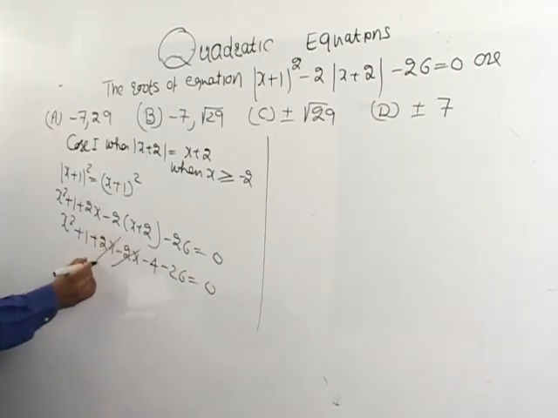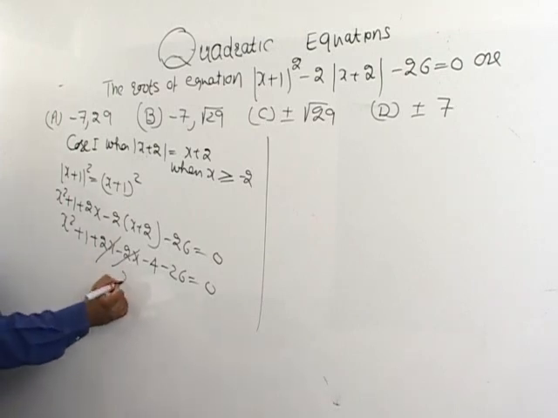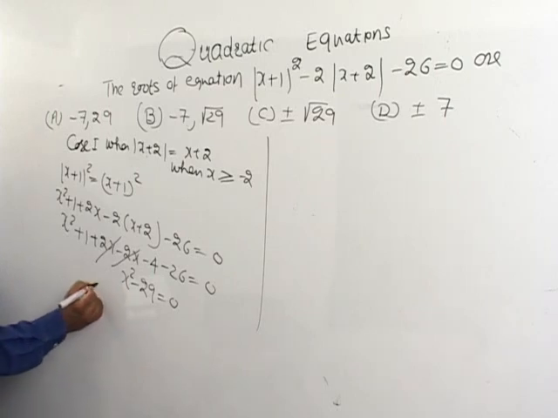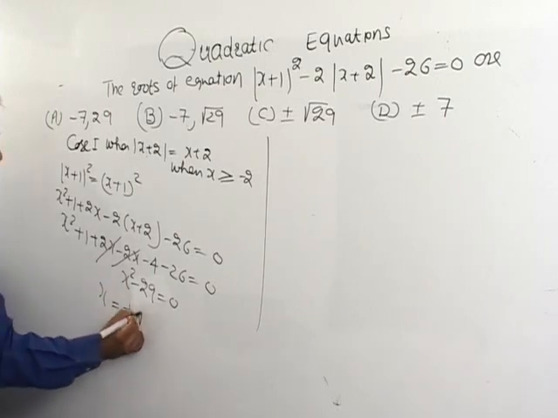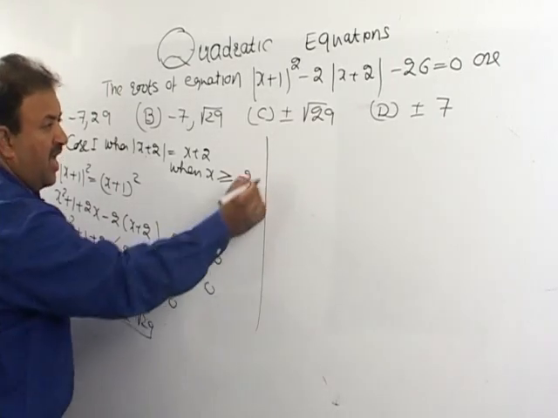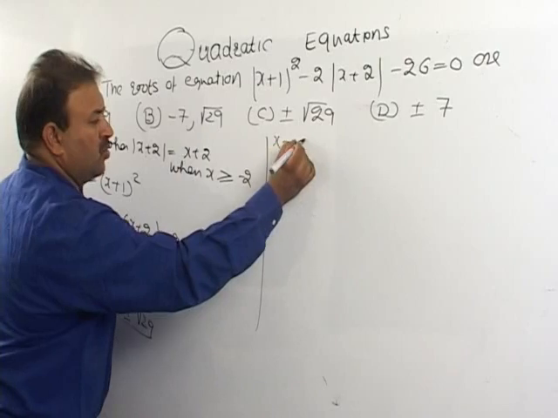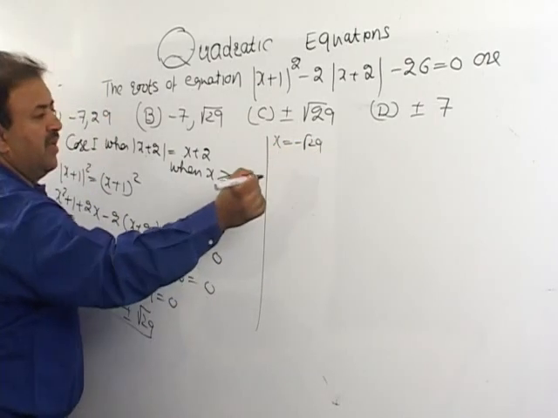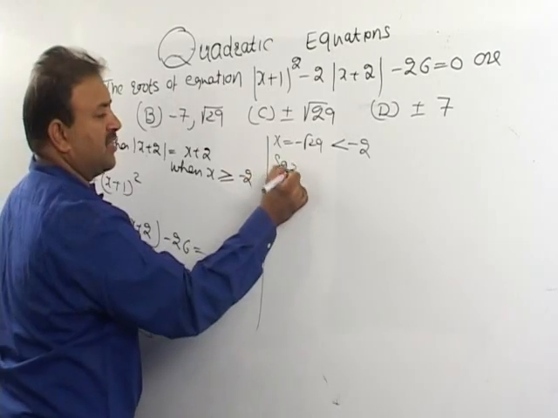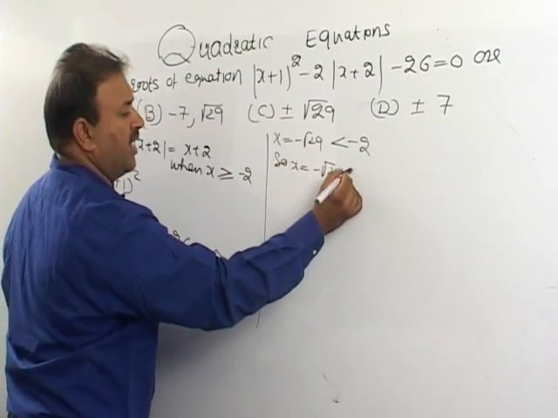Then this 2x will be cancelled out. x square minus 29 is equal to 0. x is equal to plus minus root 29. This x is equal to minus root 29 is less than minus 2. So x is equal to minus root 29, rejected.